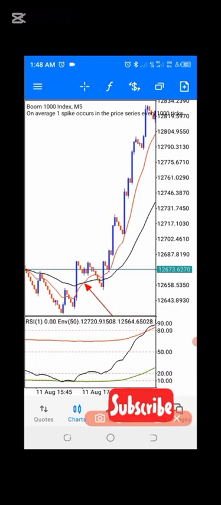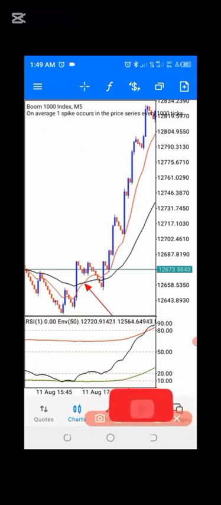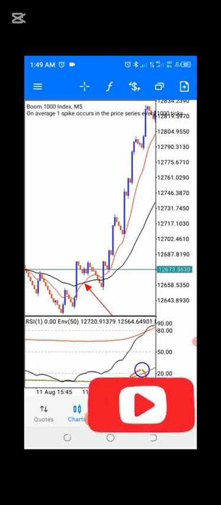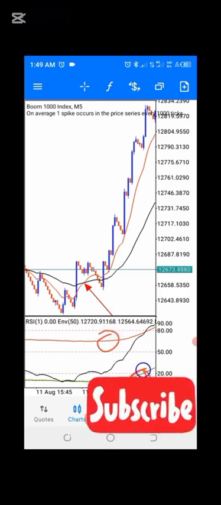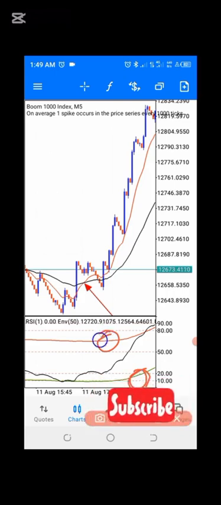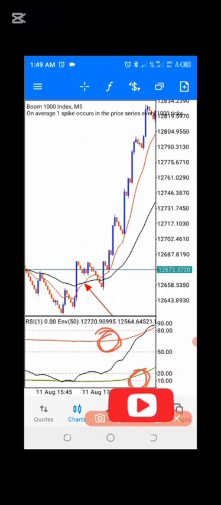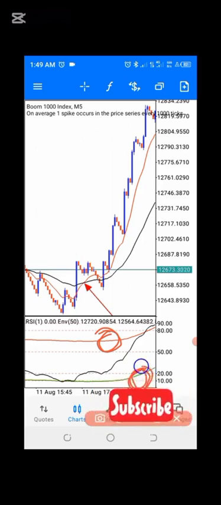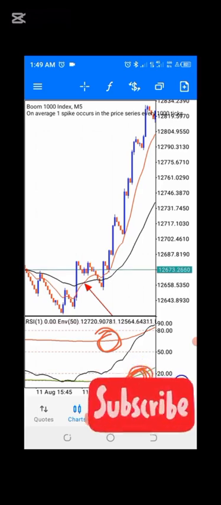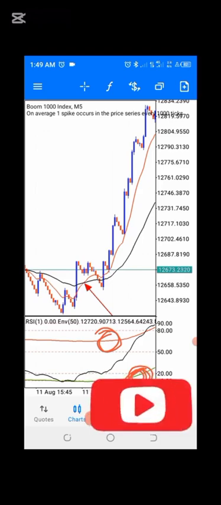Now once it's at the 10 level, the second thing is this envelope. This is the green envelope, this is the red envelope; this is the lower band of the envelope, and this is the upper band of the envelope. Since we're using it to catch a spike, this lower part has to be at our 10 level for accurate and effective spike trading.